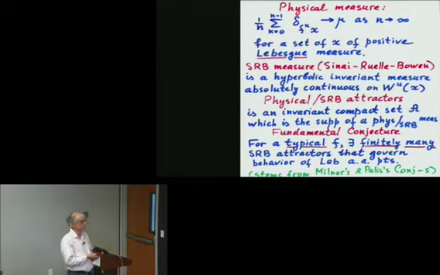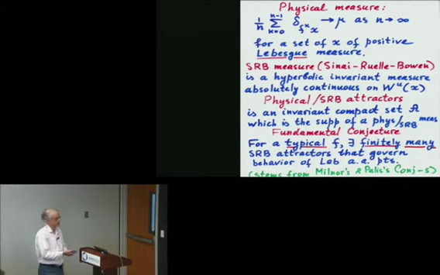This absolute continuity property makes this measure physical. So this is a very important class of measures. The notion emerged in the 70s. These are measures which are chaotic, so there is hyperbolicity for these measures, but still they attract and govern the behavior of a big set of points from the Lebesgue point of view.